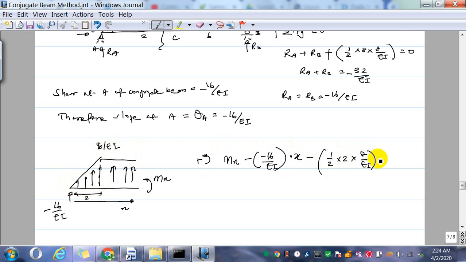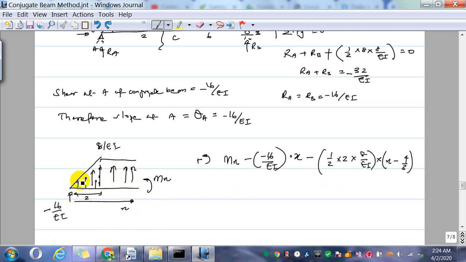So the distance is x minus 2/3 of 2, so that is 4 over 3. So x minus 4 over 3 is the distance from the point of action to the section.